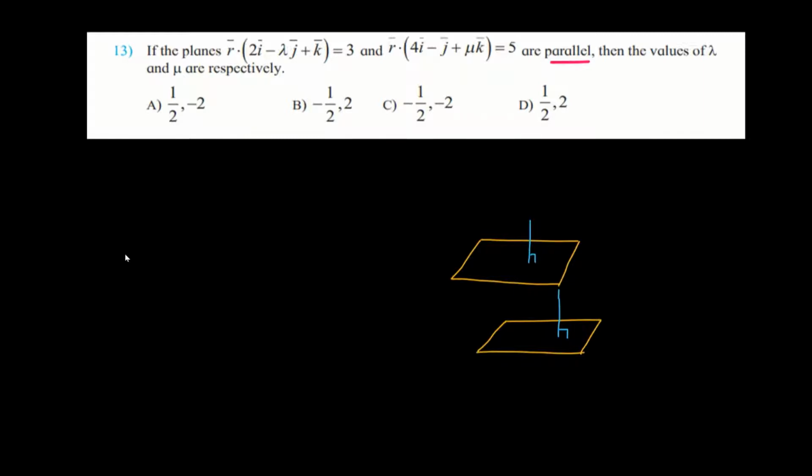So consider the equations of the plane. Suppose it is r dot n1 bar is equal to a dot n1 and r dot n2 bar is equal to a dot n2. Now, both the planes are parallel.